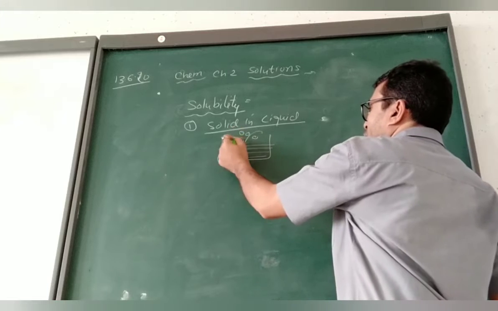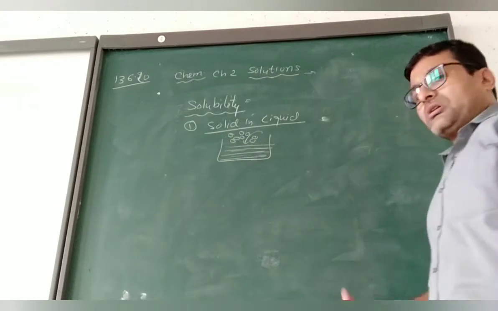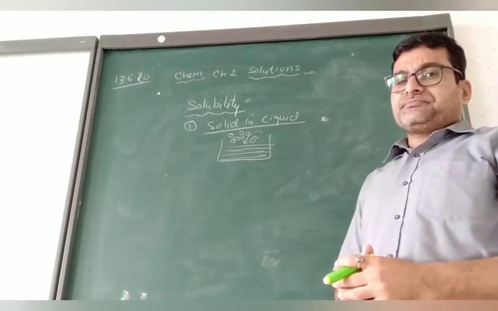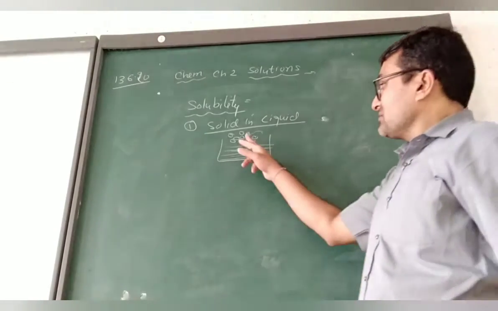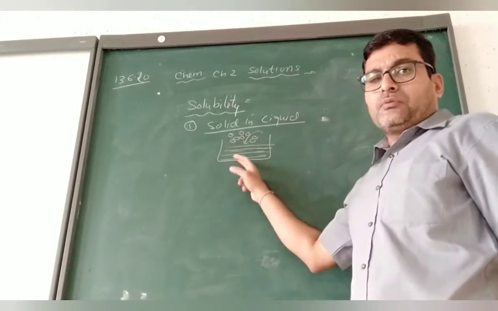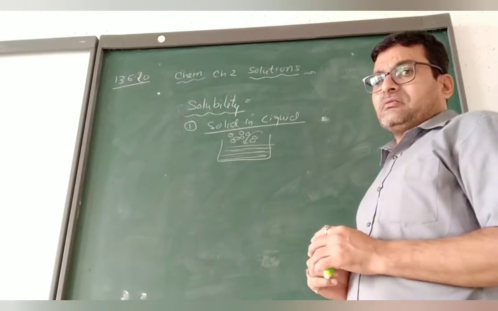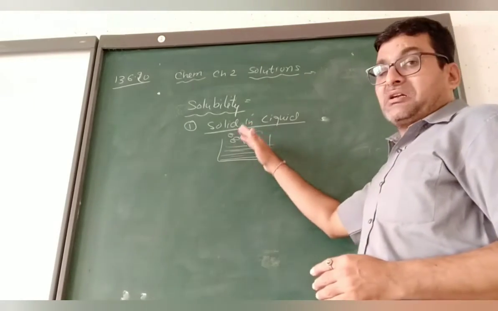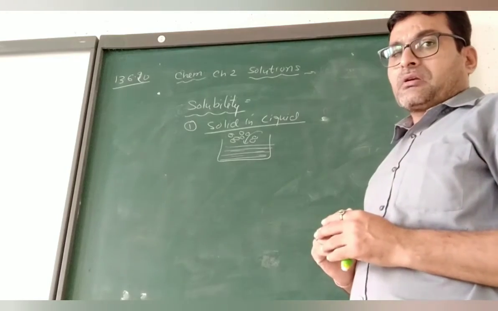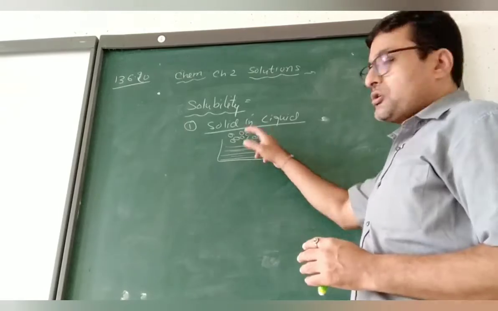Suppose we add a solute like sugar in water. So what are the factors on which it depends? Obviously, if this solute can interact with the particles of the solvent, then it gets dissolved, right? So it depends on the interaction between the solute and solvent, keeping other factors in mind, temperature, pressure, nature of solute.